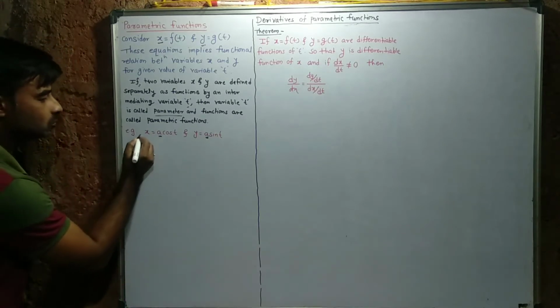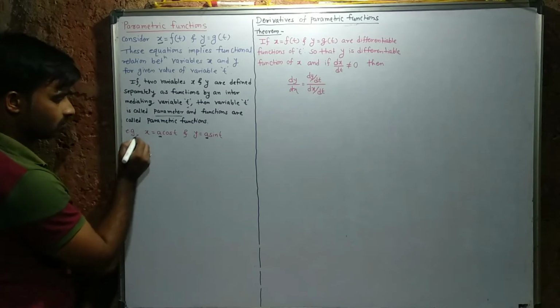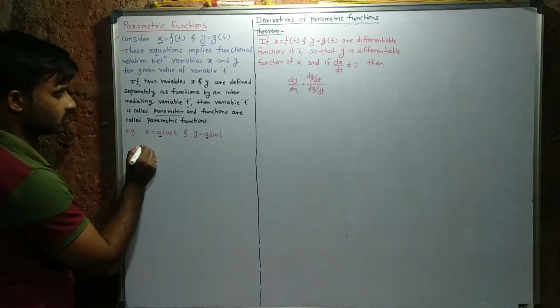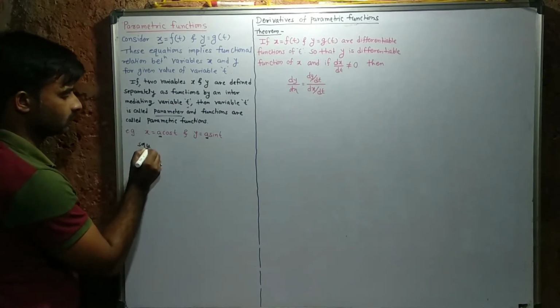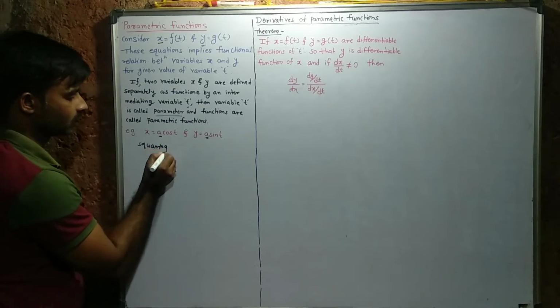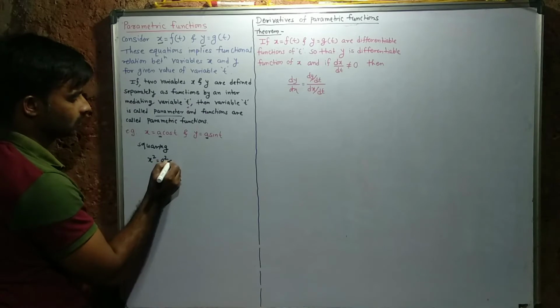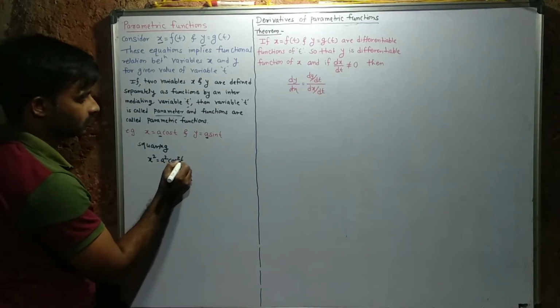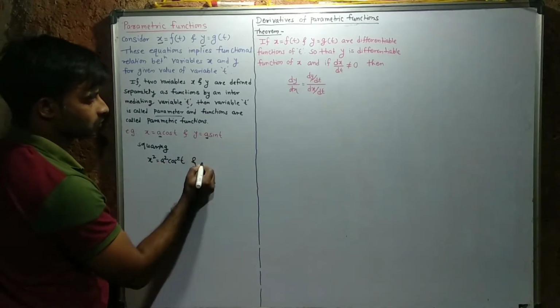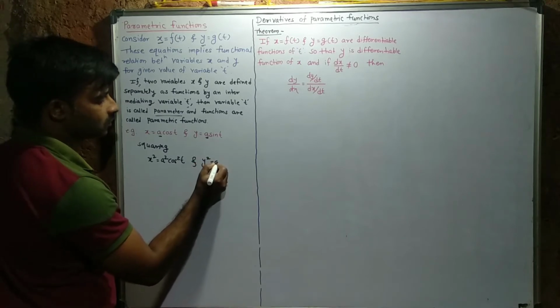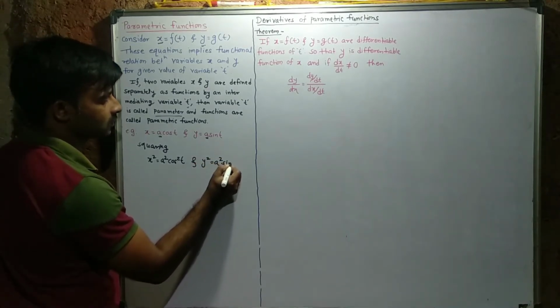How to get the relationship between x and y is as follows. First of all, we square both sides of the equations. You will get x square is equal to a square cos square t, and y square is equal to a square sin square t.